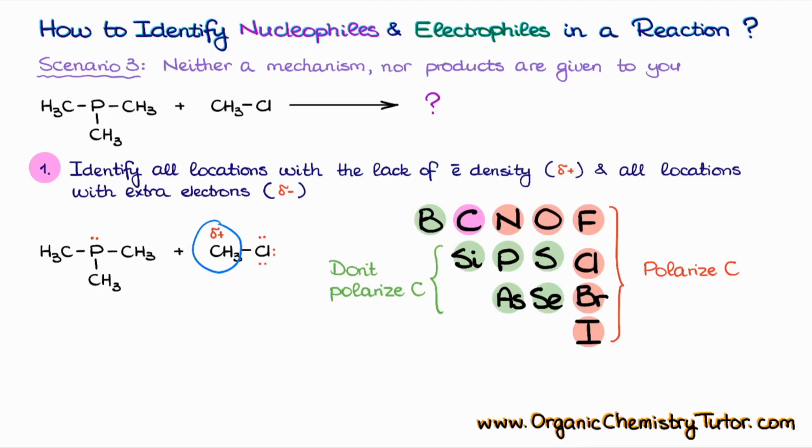And after we have identified the places in our molecule with the electron surplus and the places with the electron deficiency, we now can easily assign the potential nucleophiles and electrophiles. So in our case here, it's going to look something like that. And here is something particularly important that I want to point out. Whenever you have an adjacent nucleophile and an electrophile, like what we have in this case with the CH3Cl, those ones cannot at the same time be a nucleophile and electrophile.